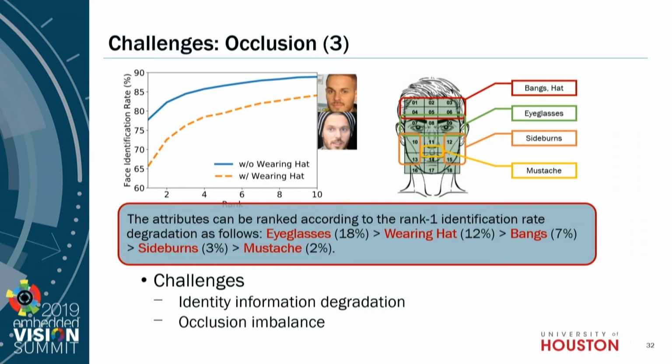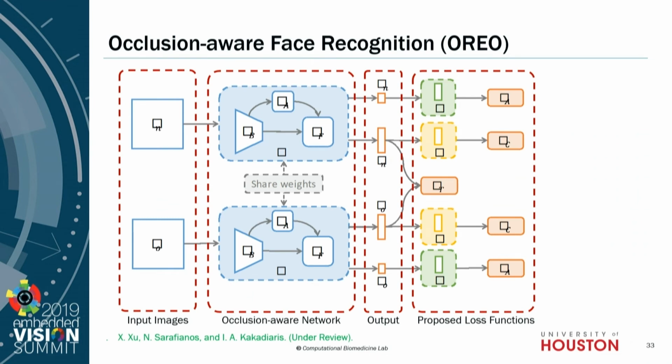And so that led to basically development of an algorithm we call occlusion-aware face recognition algorithm. I'll be happy to provide you the reference. It is under review right now, where we have developed a system that is robust to a variety of occlusions that you might be facing in your data.